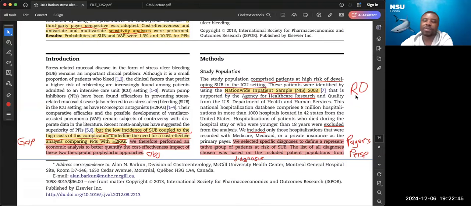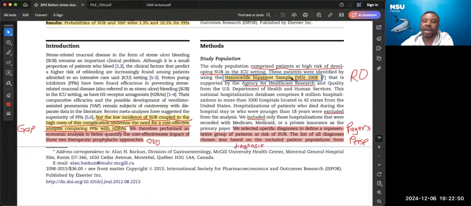I've written this here because when I was doing the research, I saw that the data from this institution is retrospective and observational. So just know that if you see the nationwide inpatient sample 2008, it's retrospective and observational.